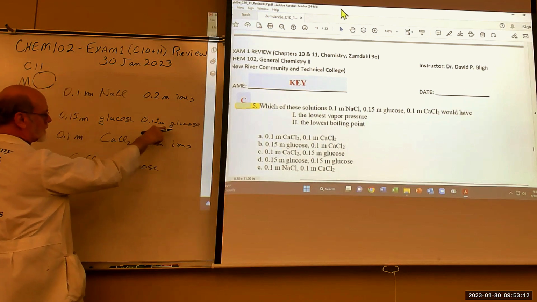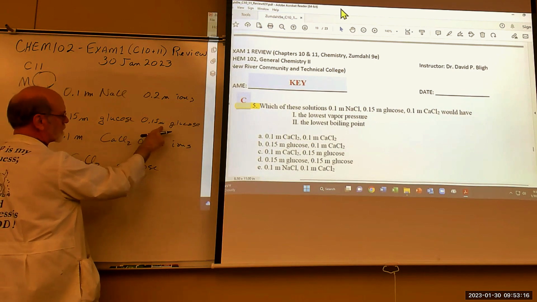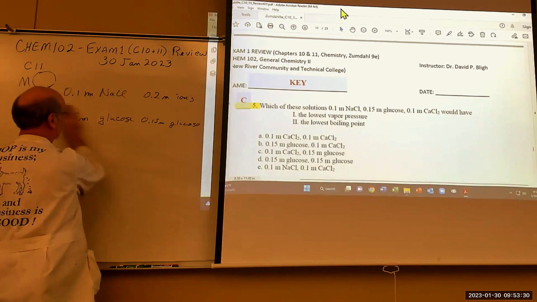Lowest concentration, highest concentration for the first one, lowest concentration for the second. Are we good? I see a wrinkled brow. I'm looking for visible signs of distress.